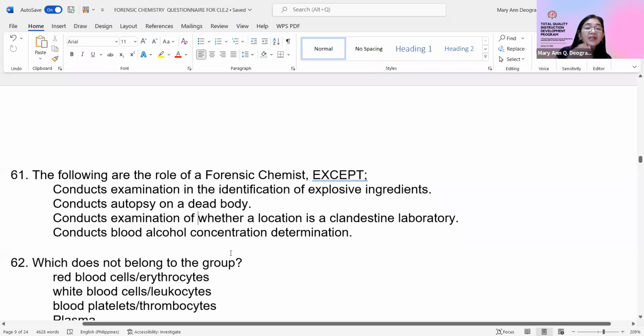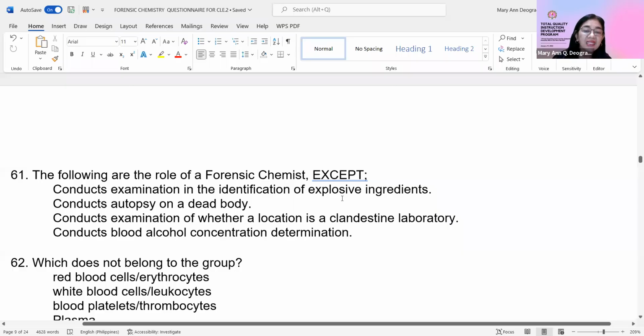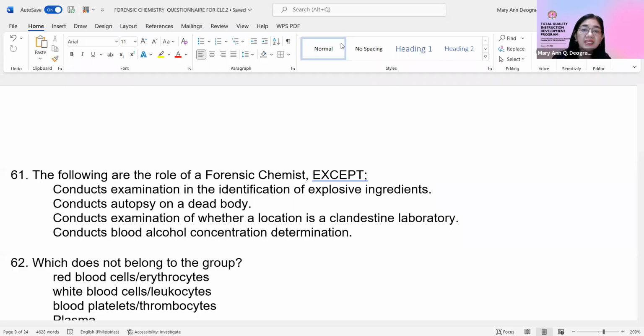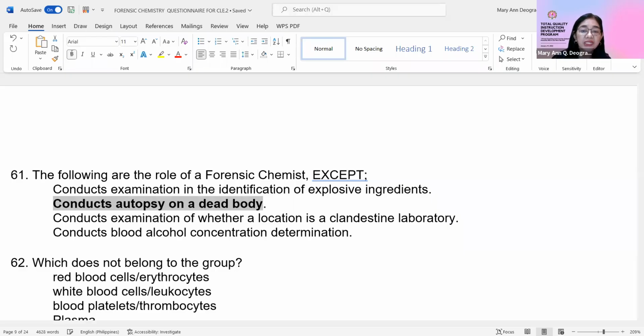D, conducts blood alcohol concentration determination. Which of these is not the role of a forensic chemist? It's letter B, autopsy. Sino nag-autopsy? Siyempre yung ating medical legal officer. No? So this is the work of the medical practitioner, not a forensic chemist.